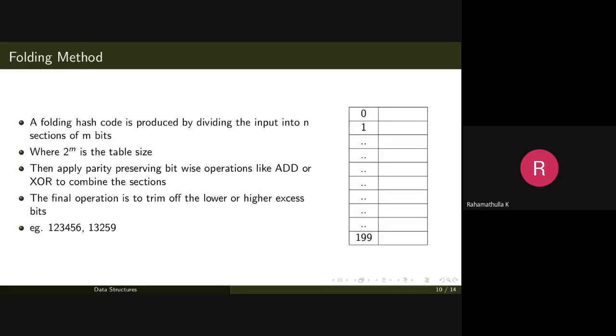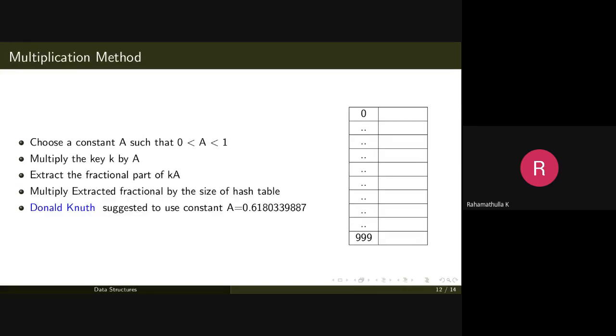Then the folding method, you divide the input into multiple sections, and you combine these sections to form your hash value. Then the multiplication method, which multiplies your key value by a constant, and using only the fractional part, you find a position in the hash table, or hash value. That is the multiplication method.